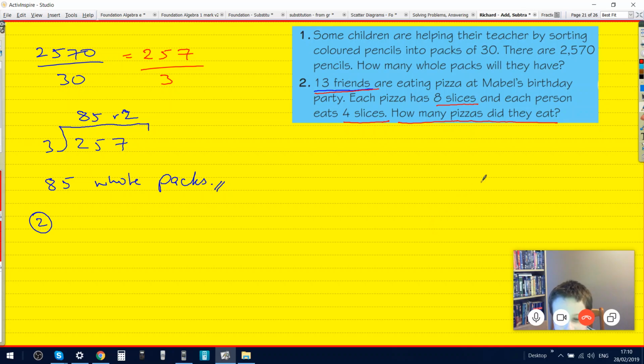So now we need to calculate it. So we need to figure out what we're doing. Now there's 13 friends. Each pizza has 8 slices, and each person eats 4 slices. Now I did think about doing 13 plus 8 plus 4.